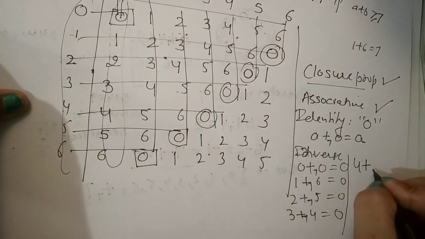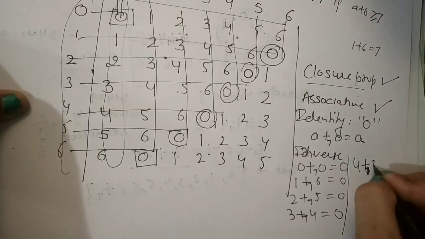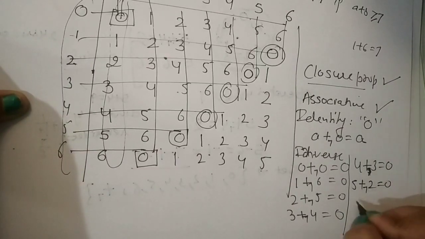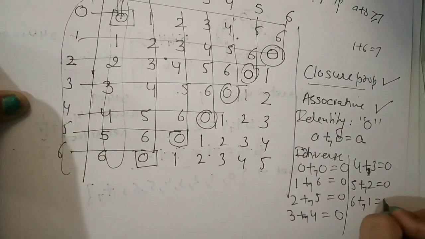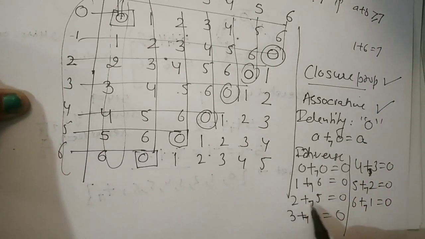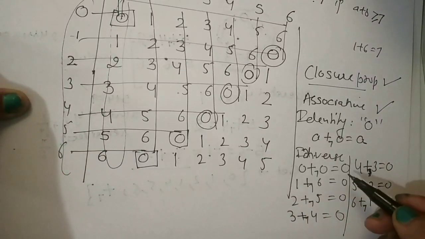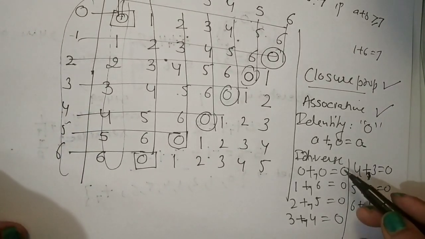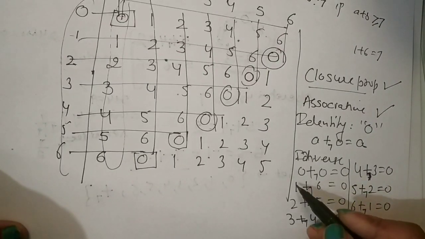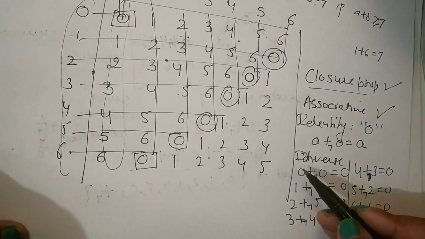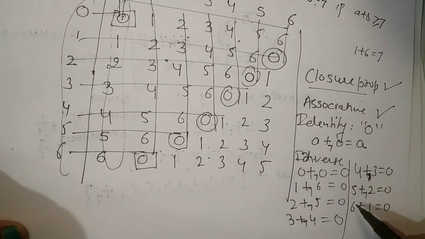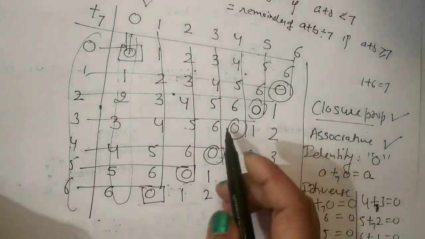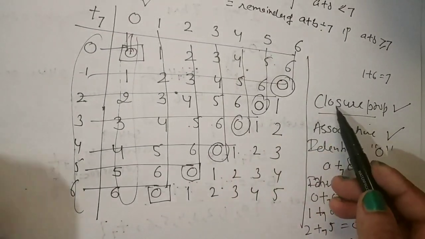Similarly, 4 plus 3 is 0, 5 plus 2 is 0, 6 plus 1 is 0, because the sum of these elements is 7 and 7 divided by 7 remainder is 0. So the answer is the remainder when we divide by 7. So we get the identity element by adding these numbers. So these are inverses of each other, and you can see from 0, 1, 2, 3, 4, 5, 6 all the elements have inverses. So this is the set which is now a group under the operation of addition modulo.